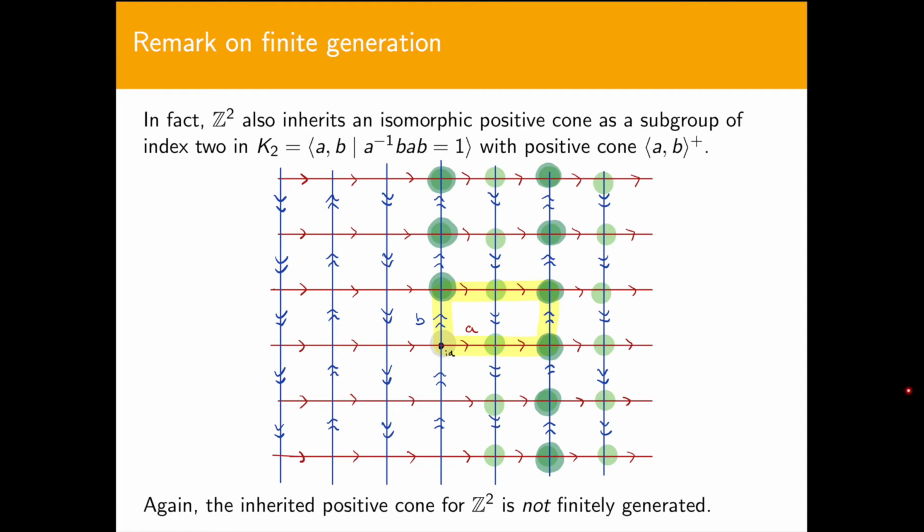The greens are the positive elements in the Klein bottle group, and in darker green you have the positive elements for Z squared. And you can check that this positive cone is isomorphic to the positive cone above. This positive cone is inherited from a finitely generated positive cone, but this positive cone is not finitely generated again.